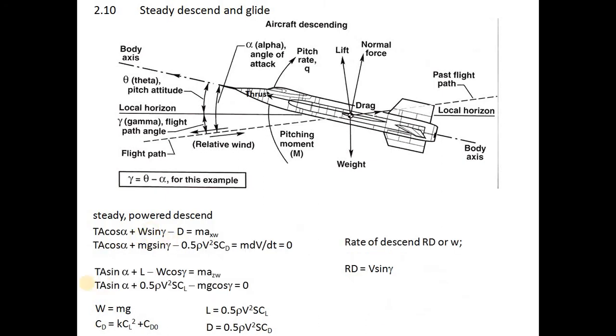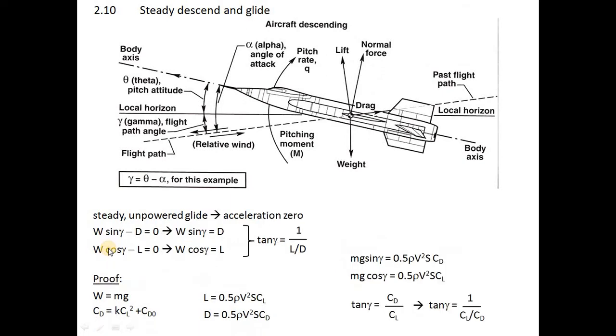If you go back to this equation, you have this thrust available cosine alpha. Now assume that alpha is small; cosine alpha will become 1, so you actually have the thrust available. But it's stated here that this is unpowered glide.